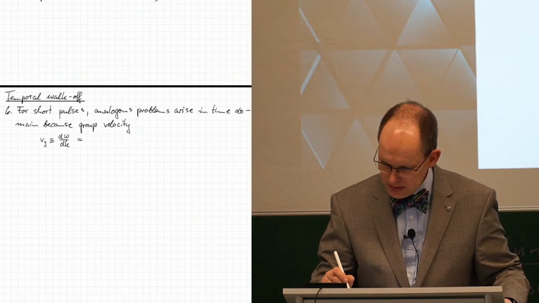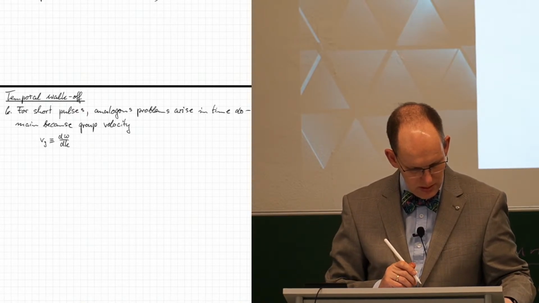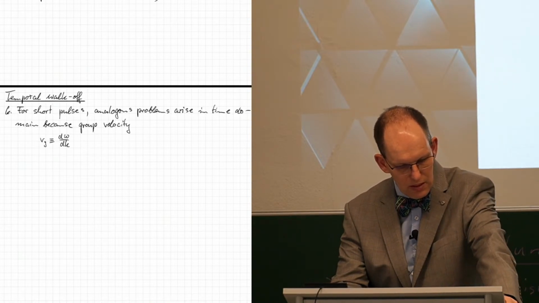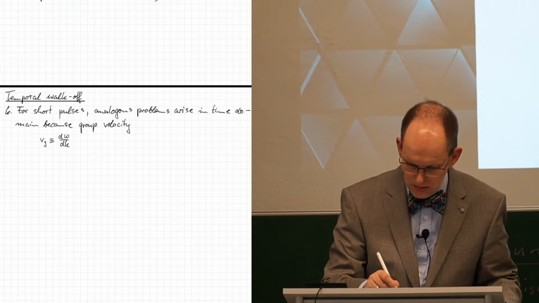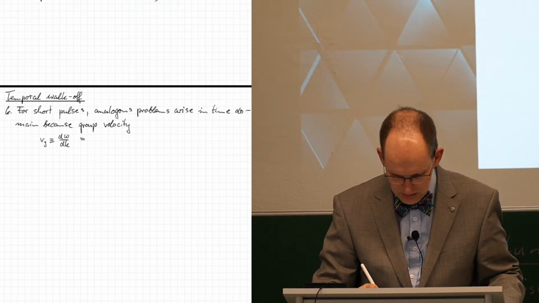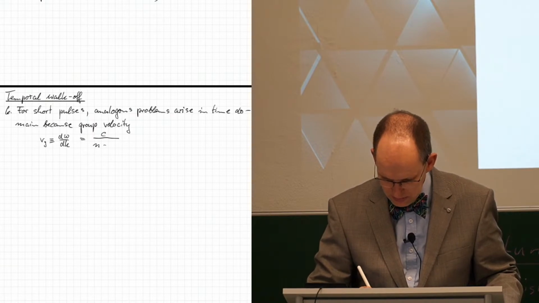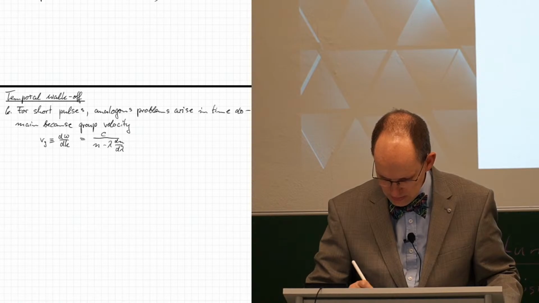This should be equal to c over n minus lambda dn over d lambda.